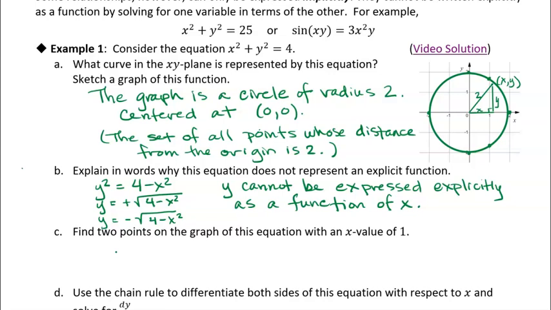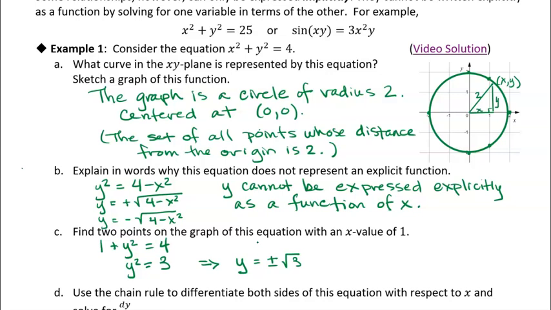Find 2 points on the graph of this equation whose x value is 1. All right, well, let's do that. So I'm going to put in 1 for x. So I get 1 plus y squared equals 4, and then I can solve for y, right? I'll get y squared equals 3 if I subtract 1 from both sides. So that means that y is equal to either the plus or the minus square root of 3, right?